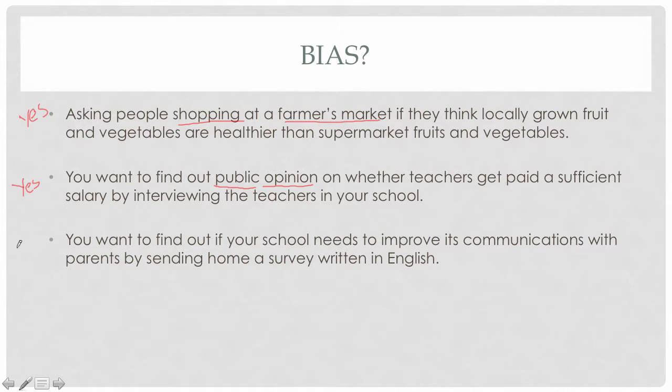So yes, this one does have a lot of bias because we're ignoring all the non-English speaking families and not getting that data on whether we need to improve. And yeah, probably the school does need to improve its communications so that it actually is hospitable, that it is open communication with all families of all languages of the school. So yeah, these are 3 good examples of thinking through bias, thinking through getting data. How do we get data?